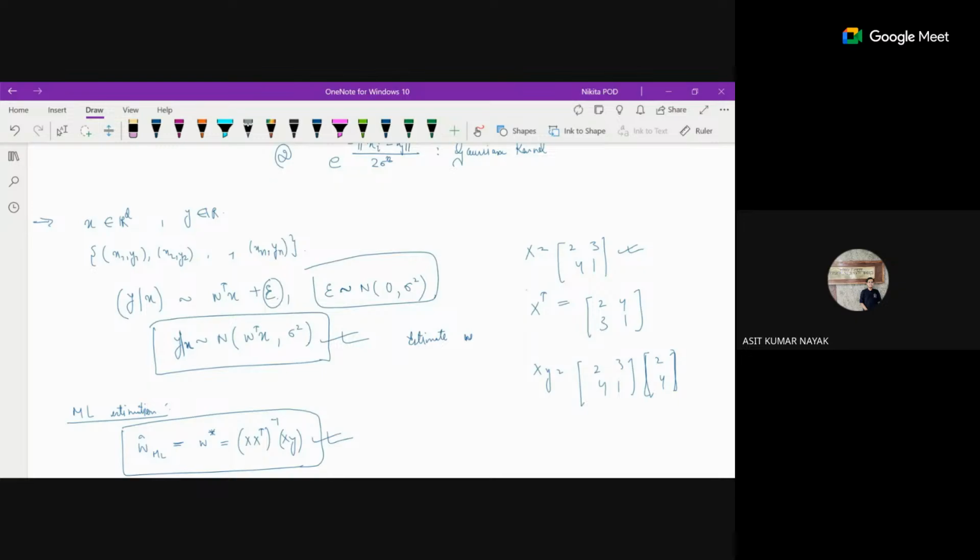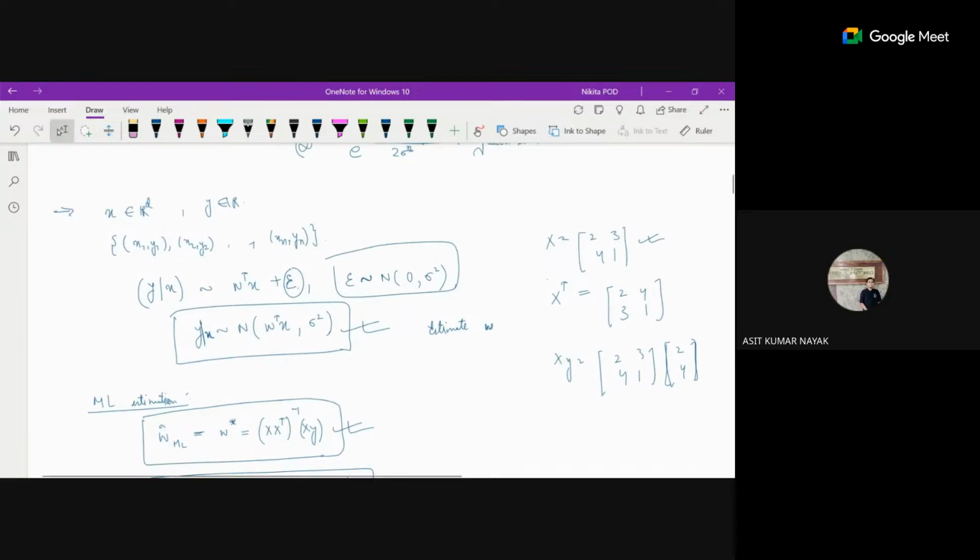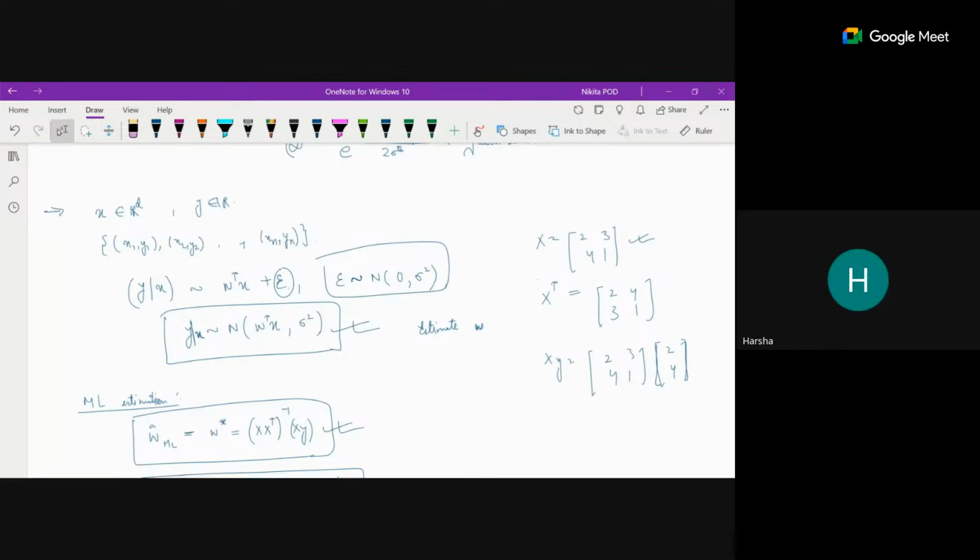X belongs to R of D cross N, and then Y is R of N cross 1. That is fine. So this is your x1, this is your x2.